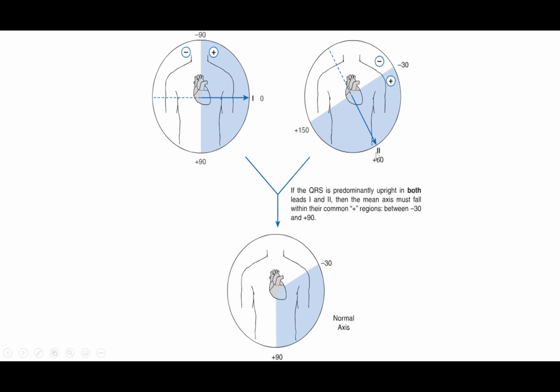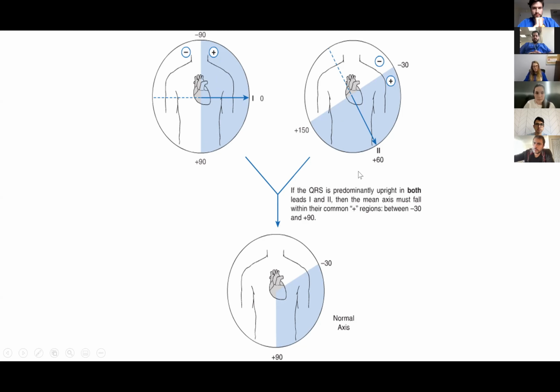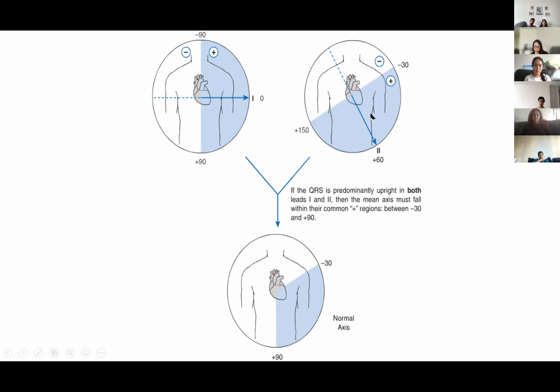In lead 2, as it's basically in another axis, another degree, I meant 60 degrees, you're going to see that this is going to have from minus 30 to plus 150, you're going to see positive deflection if the axis is within that range versus negative in the other range.